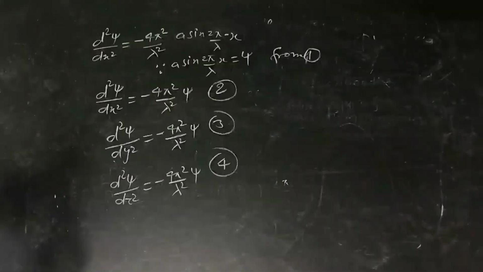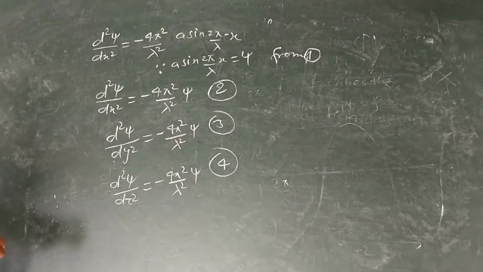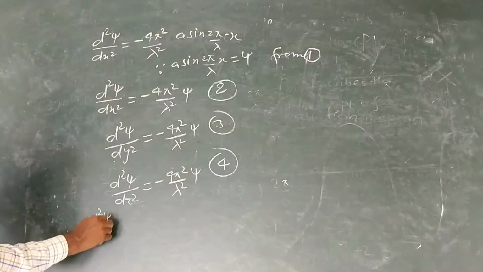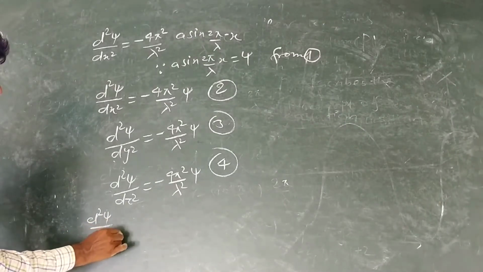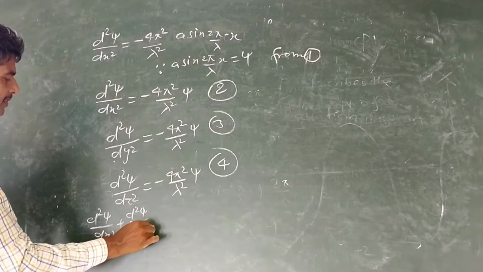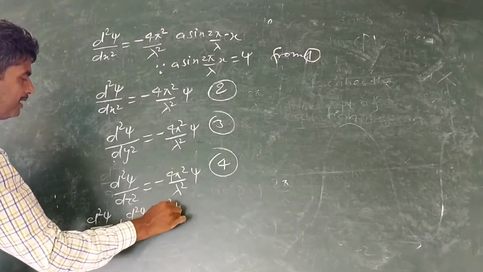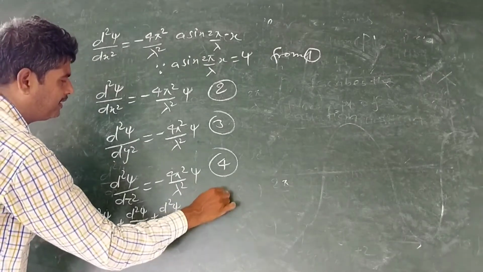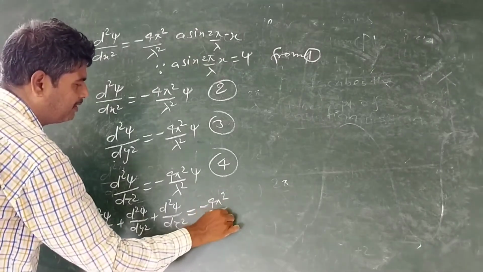On combining 2, 3 and 4, we get the Schrodinger equation for all three axes. So d2 psi upon dx square plus d2 psi upon dy square plus d2 psi upon dz square is equal to minus 4 pi square upon lambda square into psi.